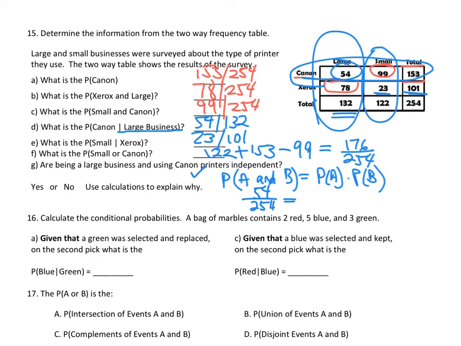The probability of a large business is 132 out of 254. And the probability of the Canon is 153 out of 254.